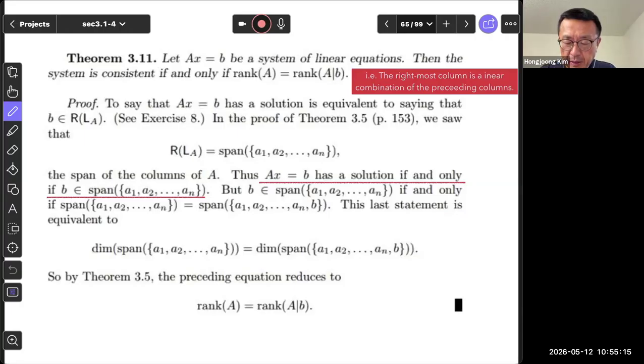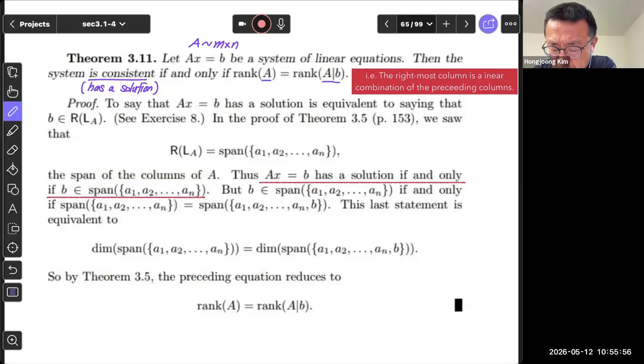Here A can be any m by n matrix, so there is no restriction regarding the size of A. Then the system is consistent, meaning the system has a solution, if and only if the rank of A, the rank of the coefficient matrix, equals the rank of the augmented matrix.